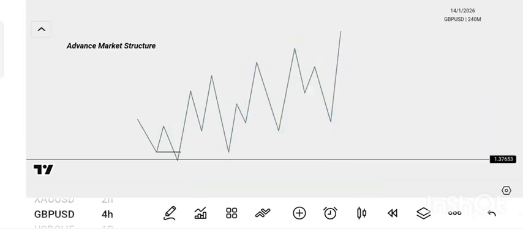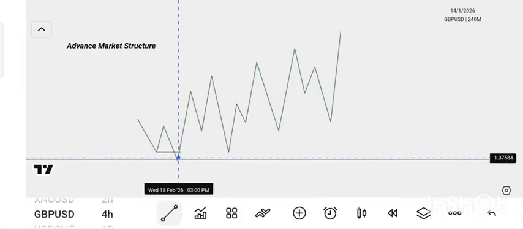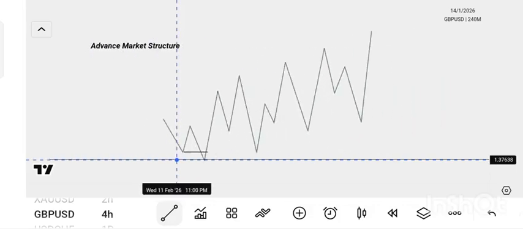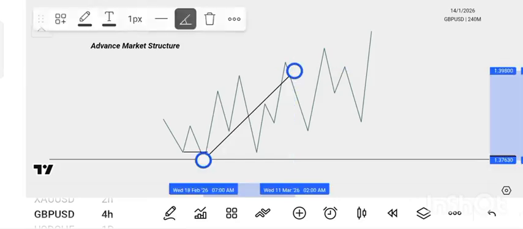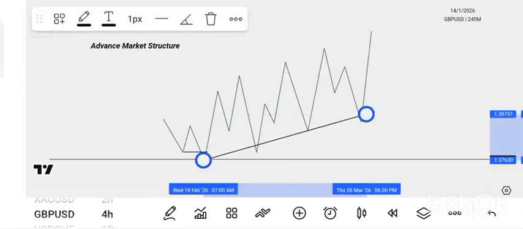So in an advanced form, this is how price actually moves. You can use your trend line to spot it like this, or like this.